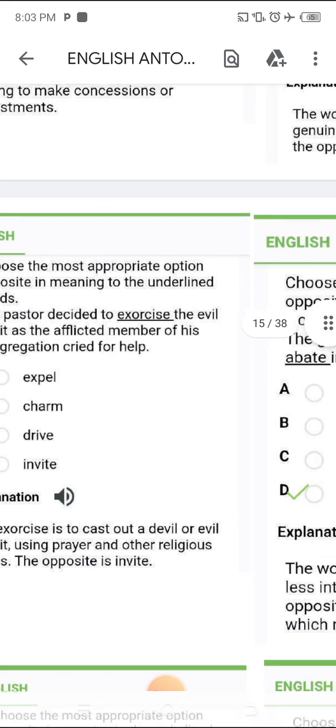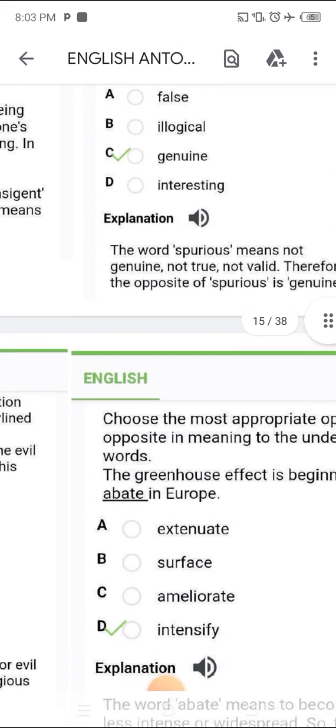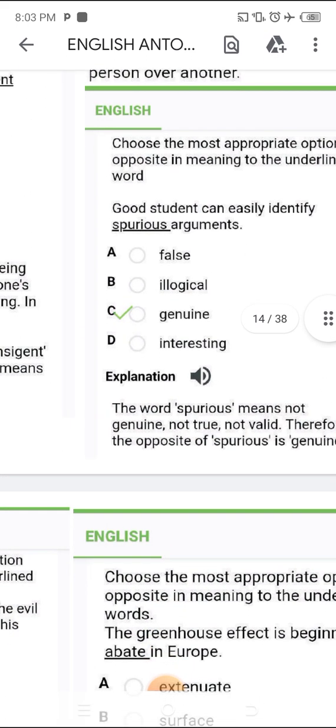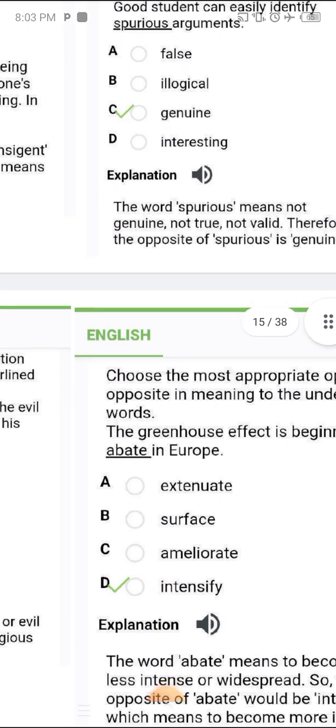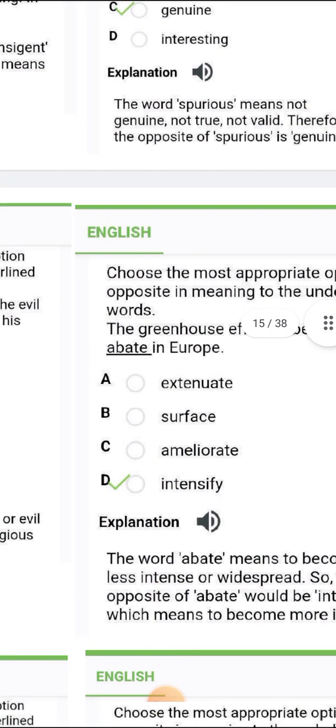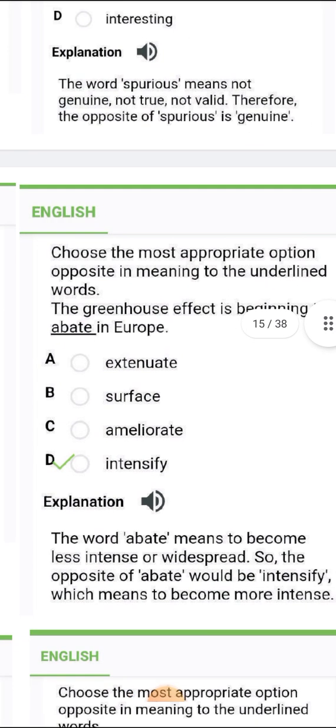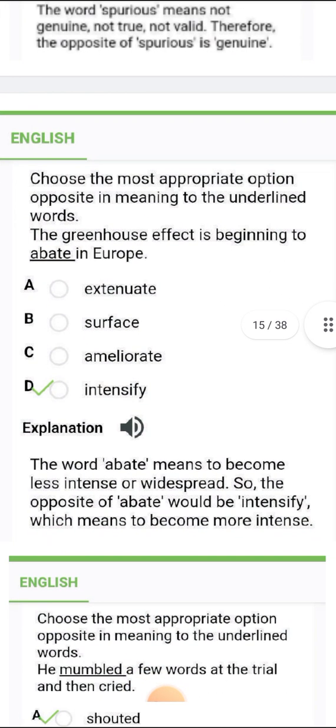So this is how funny JAMB can be with their questions. Alright? So the next one is abate, which is intensify. The word abate means to become less intense or widespread. So the opposite of abate will be intensify, which means to become more intense.